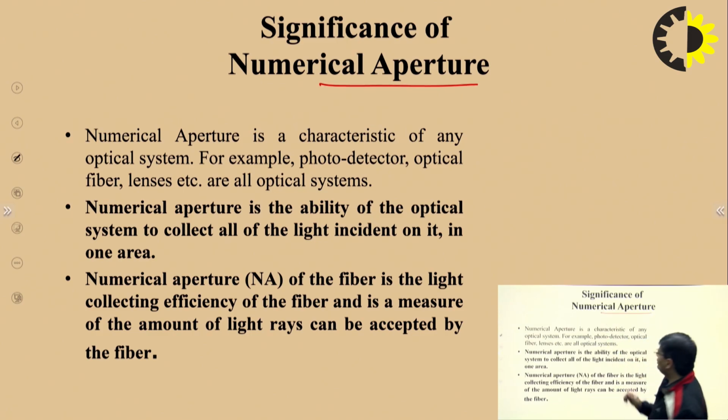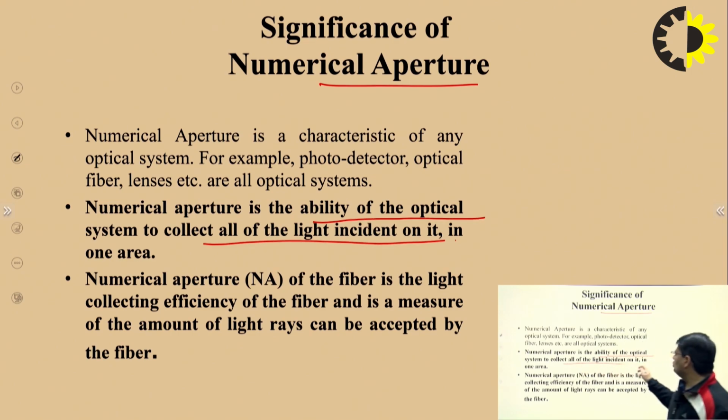The significance of numerical aperture we have already discussed. It is the ability of the optical fiber system to collect light, that is the light gathering or collection capability of the fiber, or power coupled inside the fiber, or coupling efficiency, which depends on the numerical aperture.